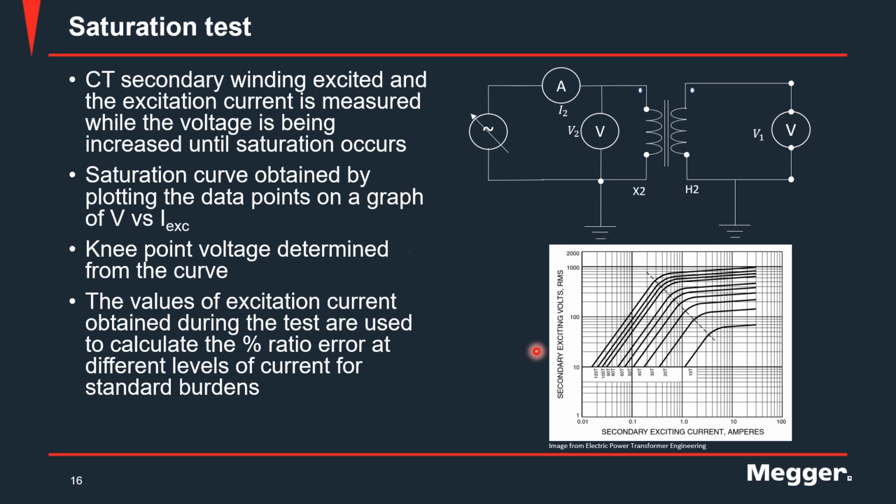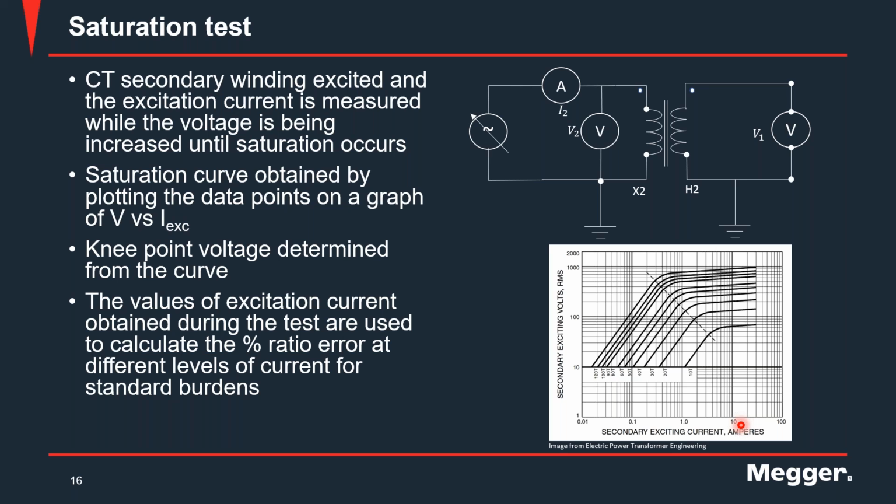And the logic behind that is, if you look at the x-axis here, you can see that the number goes all the way up to 100 amps. Here you have the number 10 on the x-axis. Remember I said the error limit is 10% for 20 times the rated current, and 10% of 100 amps is 10 amps, right?